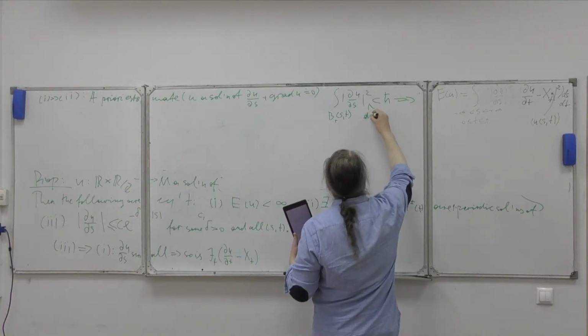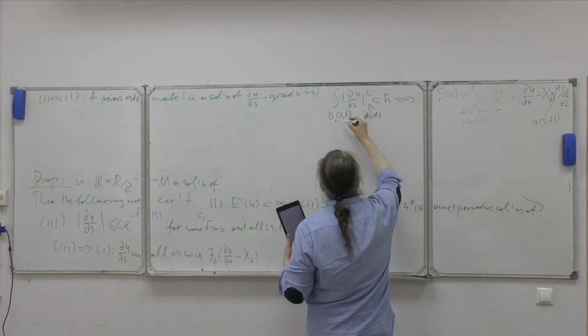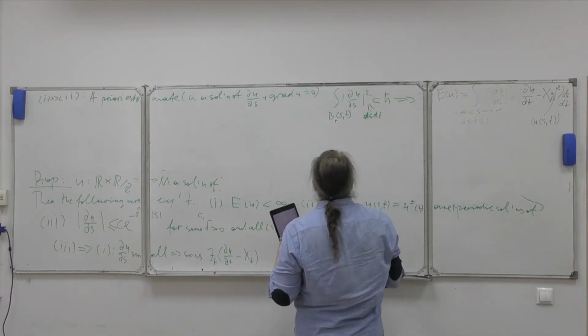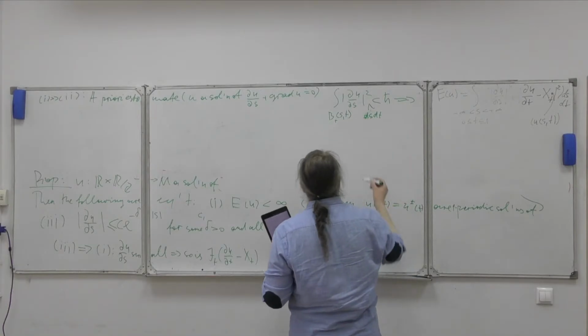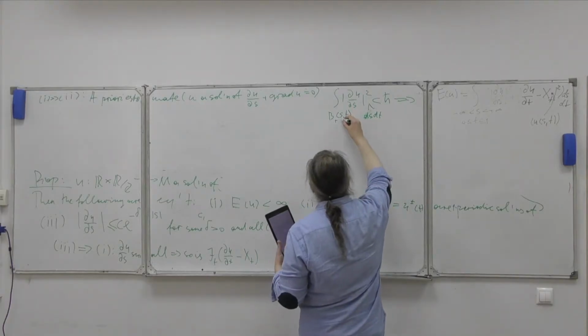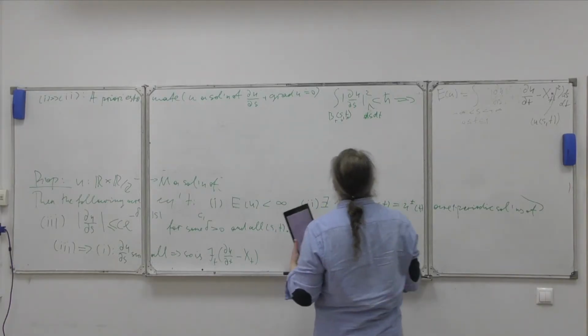Okay, ds, dt. Well, it's bad notation. Let me put a 0 here, as s naught, t naught.